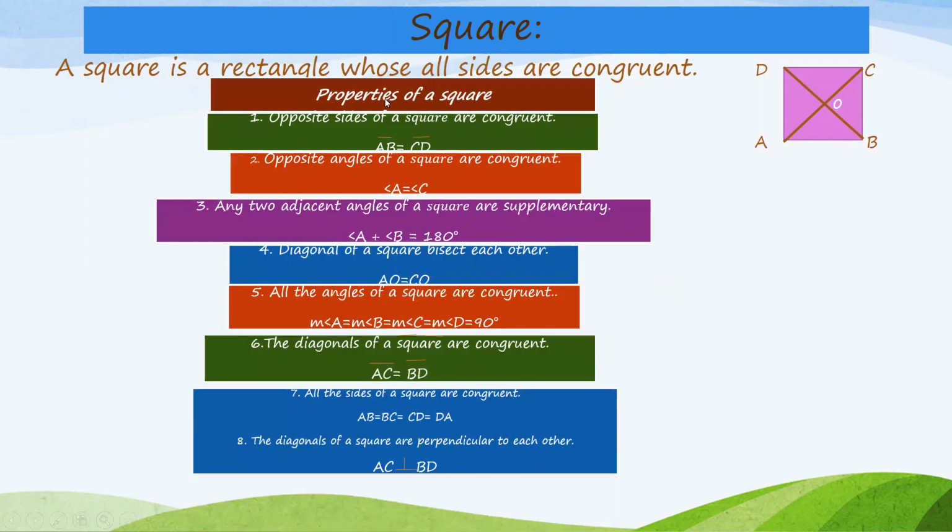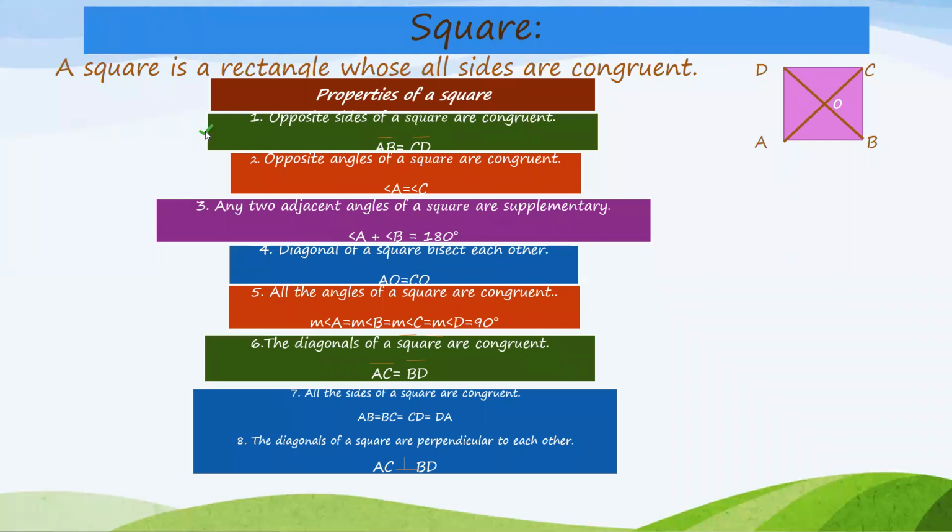So here the properties of square, you can see that there are 8 properties of square, in which the starting 6 properties are there, which we have already discussed in rectangle.